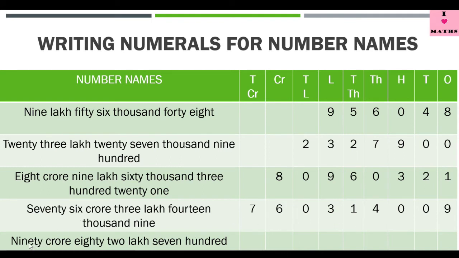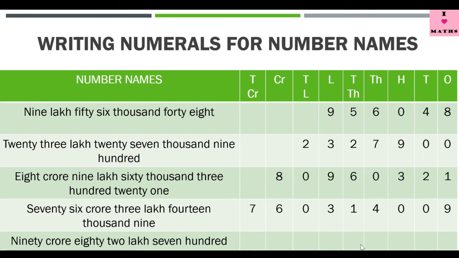Okay, let's read one more number. I'm sure you must have understood by now. 90 crore 82 lakh 700. 90 crore. So 9 in tens column and 0 in crores column will make it 90 crore. 82 lakhs. 8 in 10 lakhs column and 2 in lakhs column will make it 82 lakhs. 700 means nothing in thousands column. Nothing means what?